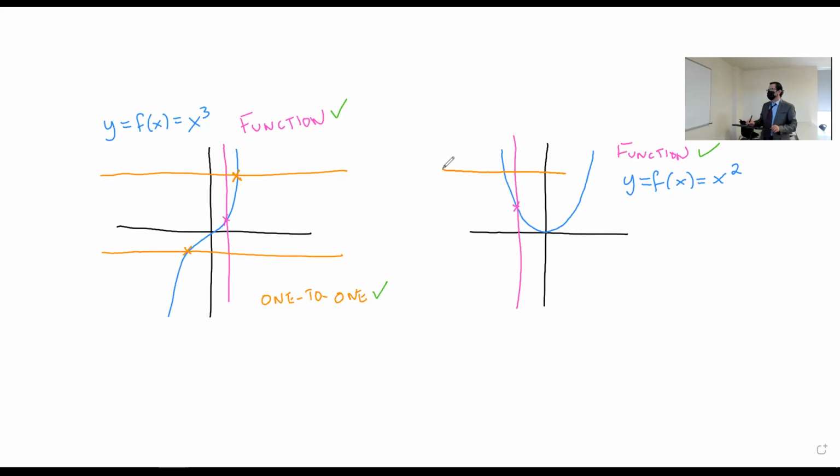If we do this, we're going to see that the graph is going to intersect in more than one point. So is it one-to-one? No. It is not.